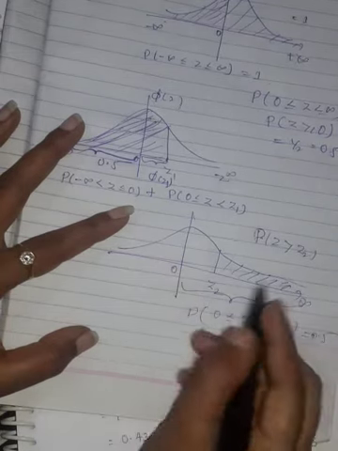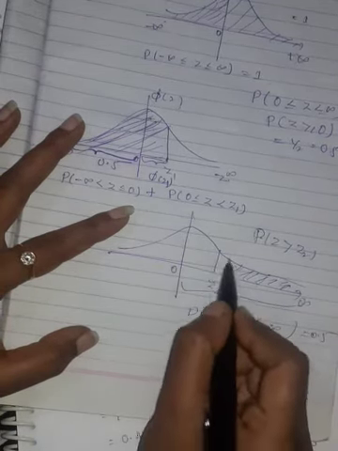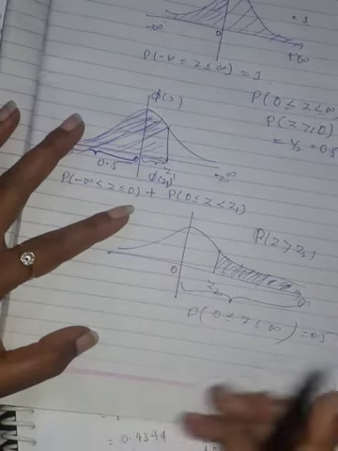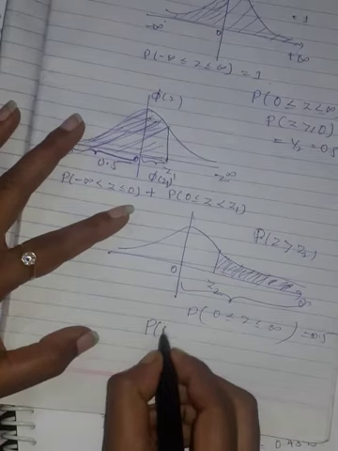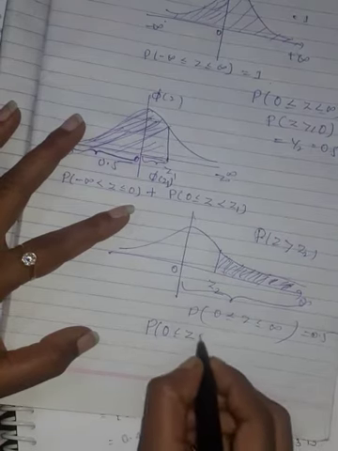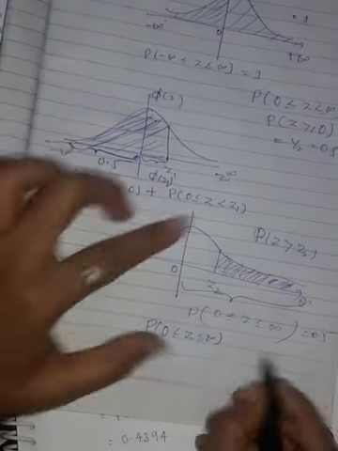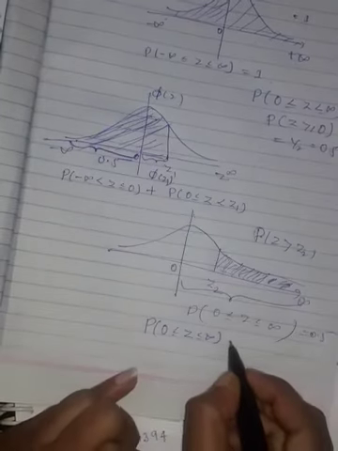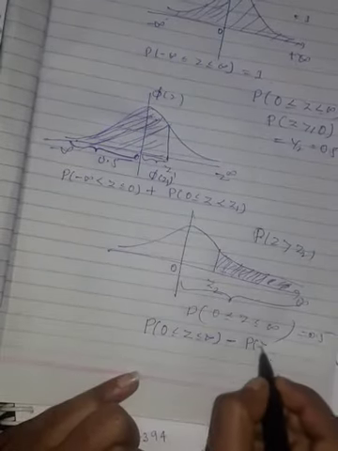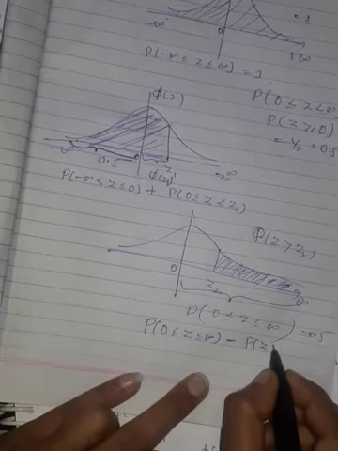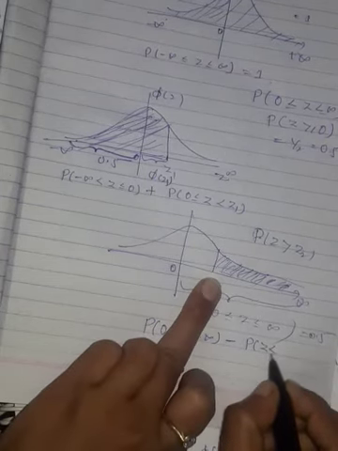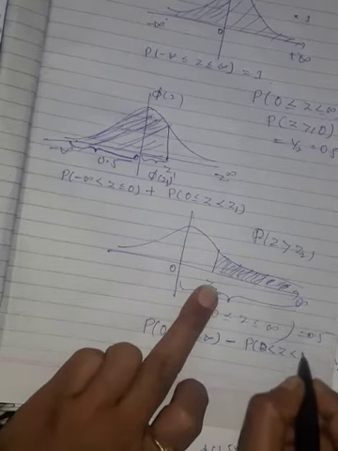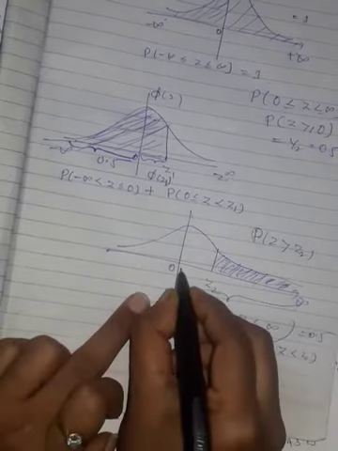So this area can be written as this total area, that is probability of 0 to infinity, this total area, minus this area. So minus probability when z lies between 0 to z2, means this area.